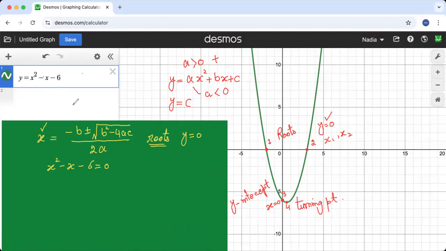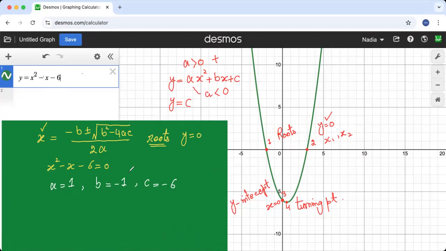And then here you can see the values of a, b, and c are the following: a is the coefficient of the x squared term, b is the coefficient of x, and c is just the constant value, which is -6 here.